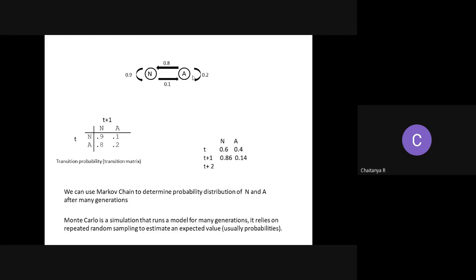So that's 0.6 multiplied by 0.1, which is 0.06. So 0.06 plus 0.08 is 0.14, right? Similarly, you can calculate the market share at t plus 2, t plus 3, and for n generations. So this is how a Markov chain can typically be used, right?